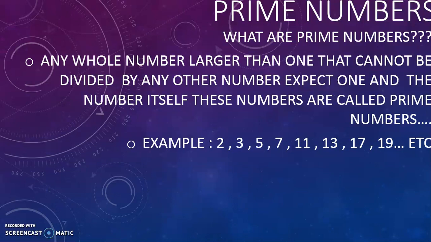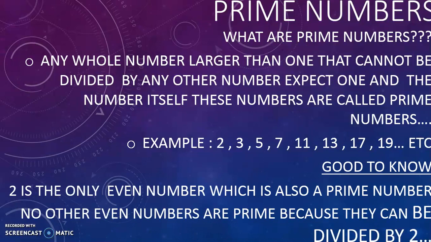Now I will tell you one good-to-know fact. 2 is the only even number which is also a prime number. No other even numbers are prime because they can be divided by 2. That is a fact, right?